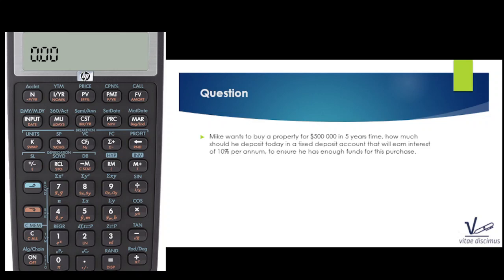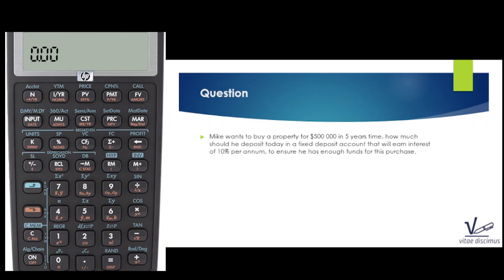In our question, Mike wants to buy a property for 500,000 in 5 years' time. How much should he deposit today in a fixed deposit account that will earn interest of 10% per annum to ensure he has enough funds for this purchase?